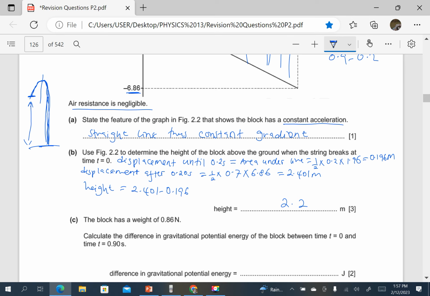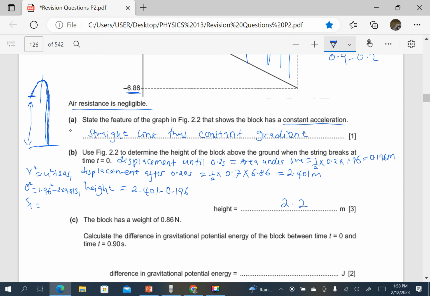So first of all, I'll use v squared equals u squared plus 2as. Now this is going to be s1 when it goes to the highest point. So at the highest point, v squared equals the initial velocity, which was 1.96 squared, minus 2 times 9.81 times s1.